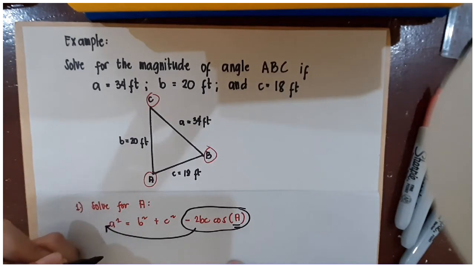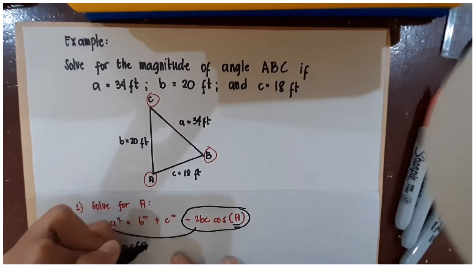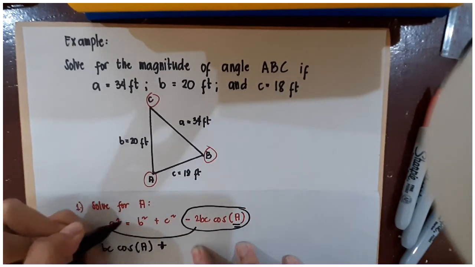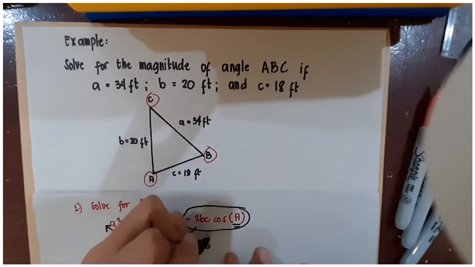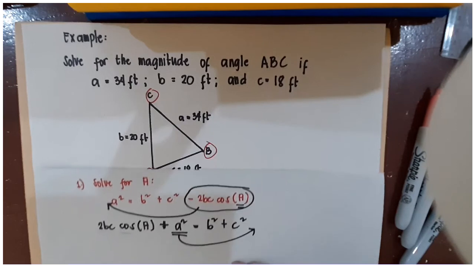So, you will now have 2BC cosine A plus A squared is equal to B squared plus C squared. Again, since this is negative, when we move it to the other side, it becomes positive. Now, we transpose A squared going to the right side of the equation.